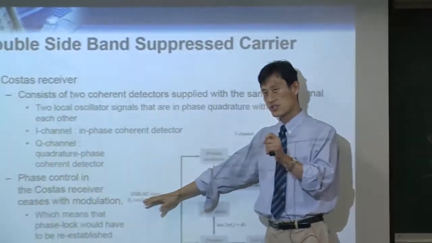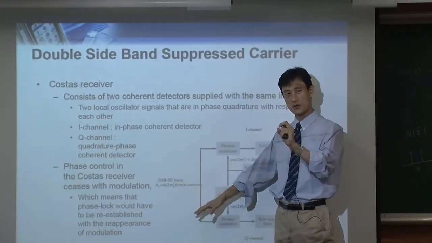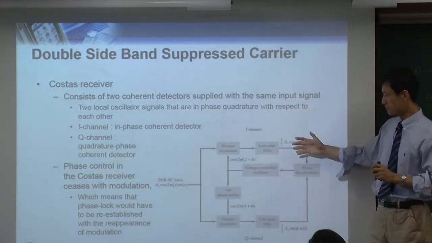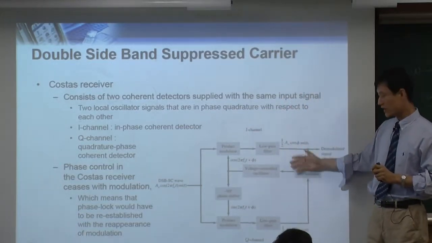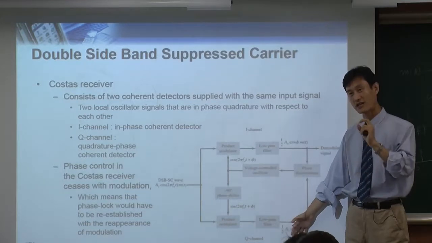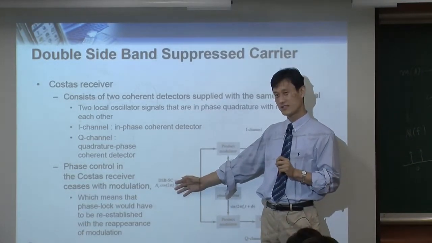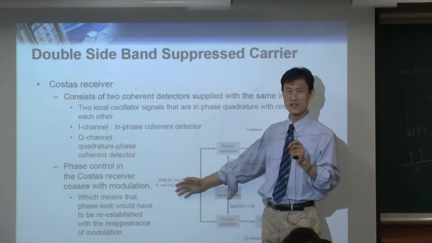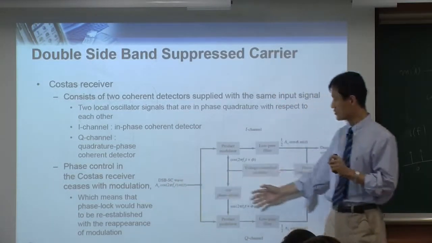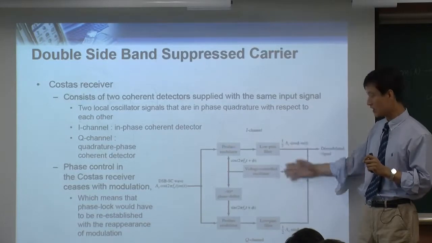So simply speaking, if the phase mismatch is 0, you get the maximum output here, and you get 0 here. That's the ideal case. If the phase mismatch is 90 degrees, that's a very unlucky case, right? In that case, you get 0 here, but you get the maximum output here.